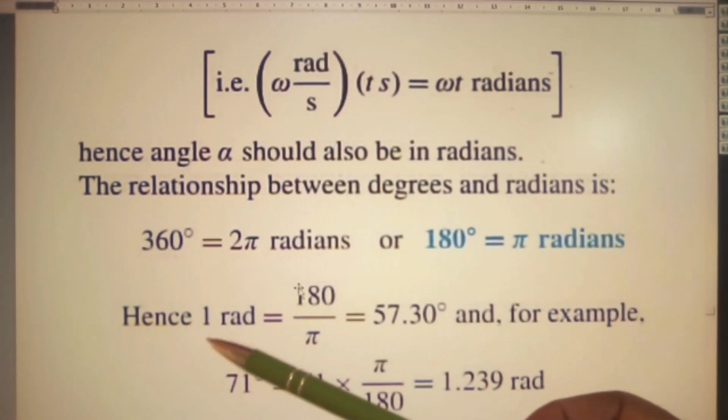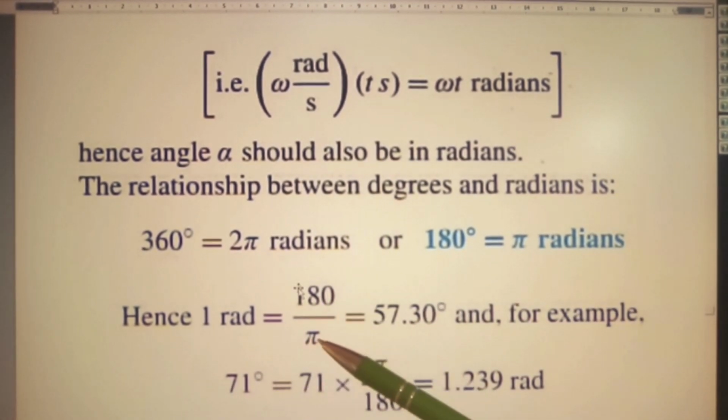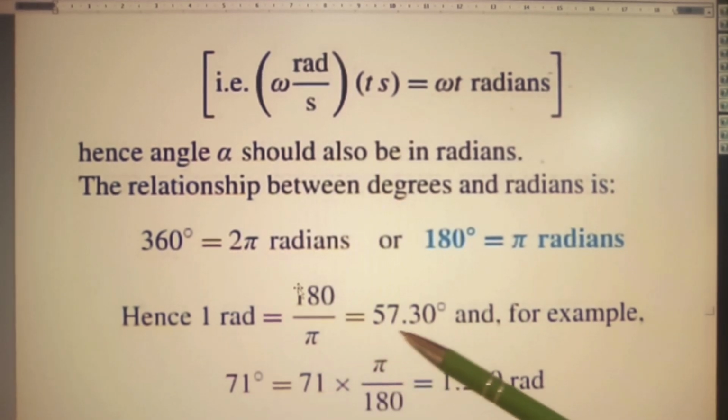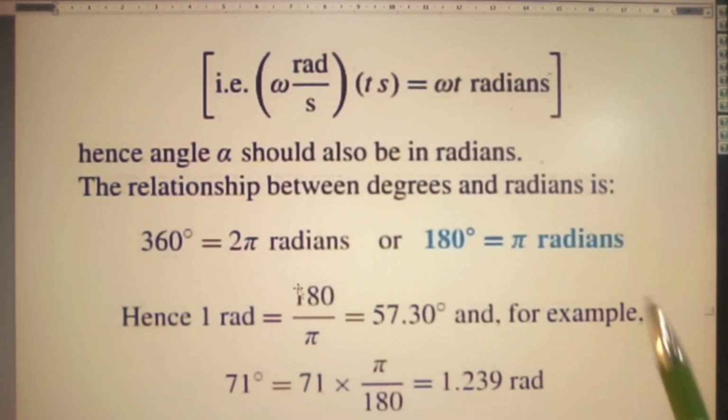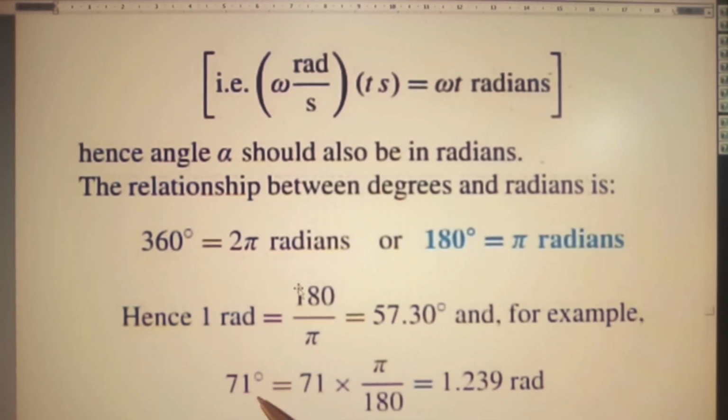Hence 1 rad equals 180 over pi equals 57.30. For example, we want to convert 71 degrees to rads. Then here we multiply 71 times pi divided by 180.